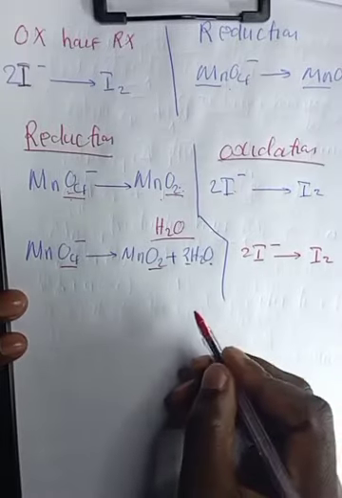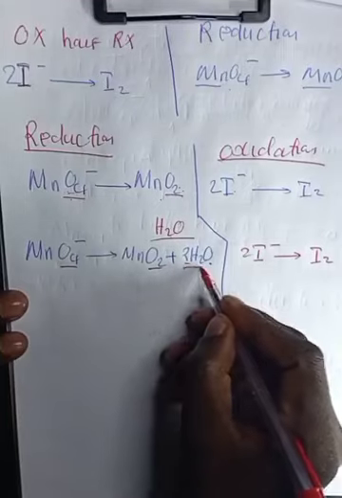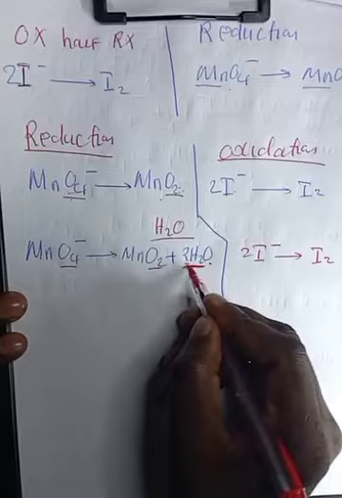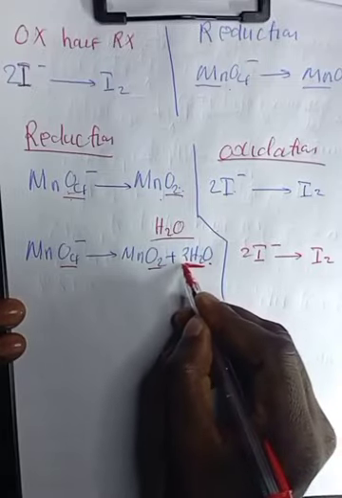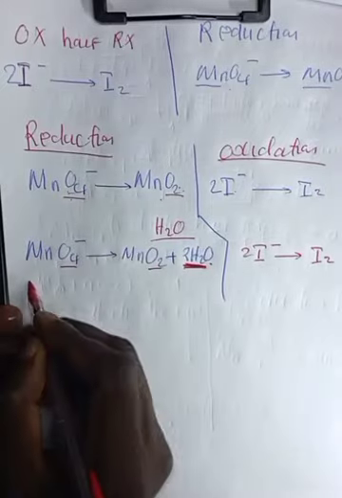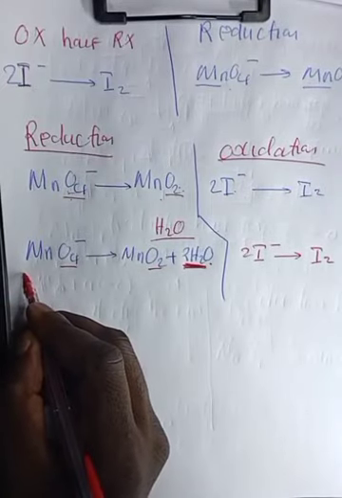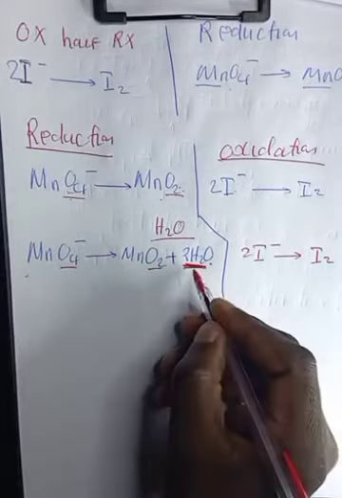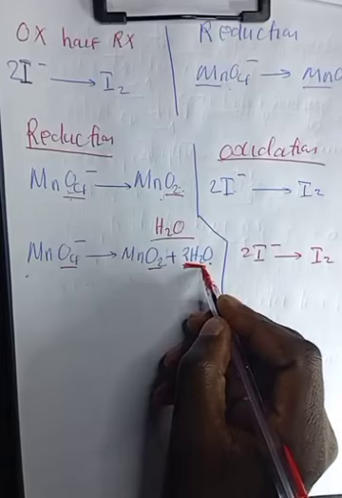But we should know that the time we are balancing the oxygen, we have created a problem. We introduced hydrogen, which we never had initially, and 4 of them. Then this side we don't have any hydrogen, and we said that to balance hydrogen, we use hydrogen ions, the appropriate number of hydrogen ions.